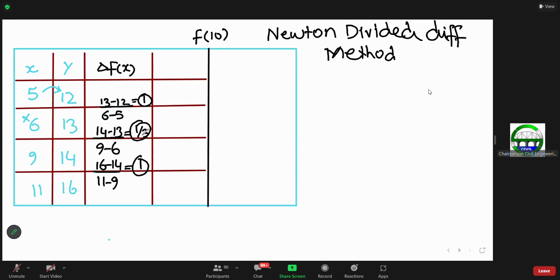Next will be 1 by 3 minus 1 divided by 9 minus 5. Now just skip this one. 9 minus 5. And next is 1 minus 1 by 3 divided by 11 minus 6.